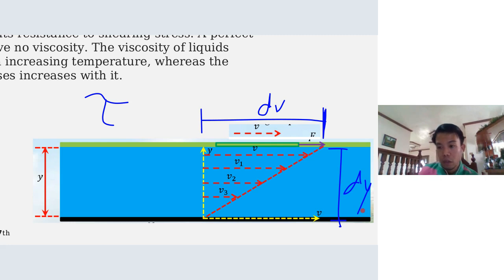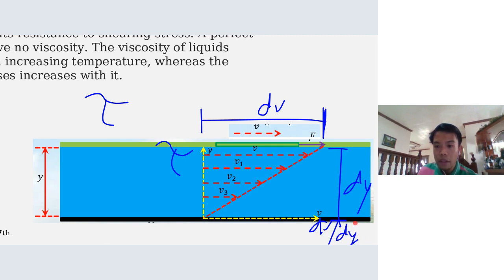Okay? So, now, looking at this figure, the shearing stress can be related to the slope dv over dy.